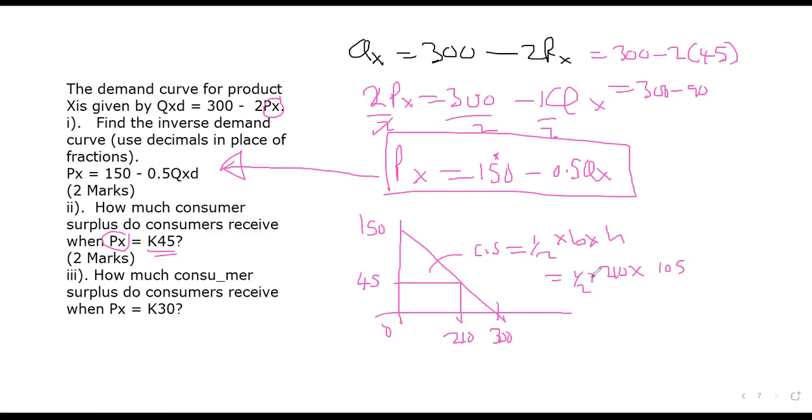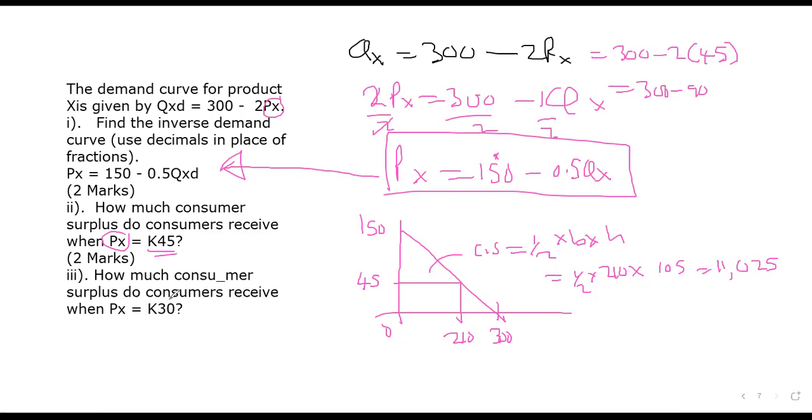So now we calculate 210 times 105 times half. 11025. Okay, so you get 11025. Okay.